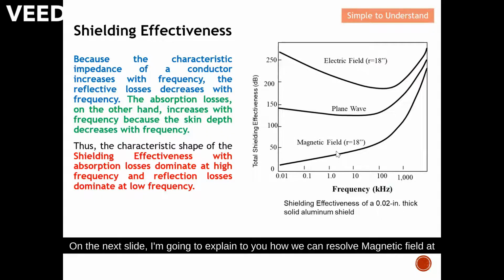On the next slide, I'm going to explain how we can resolve magnetic field at low frequency. But from here you can see that if your disturbance source is magnetic field, then you need to spend more time on how to shield it properly as compared to electric and far field.